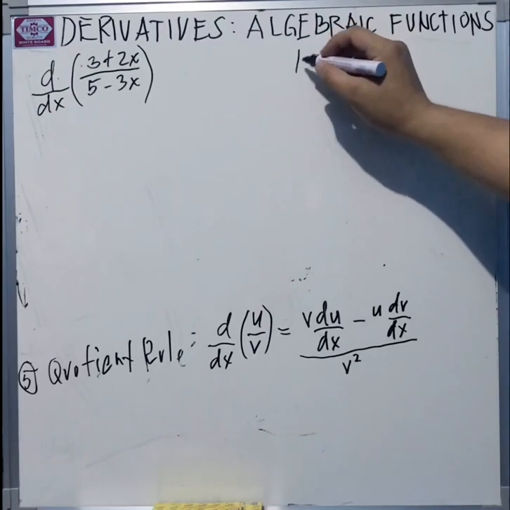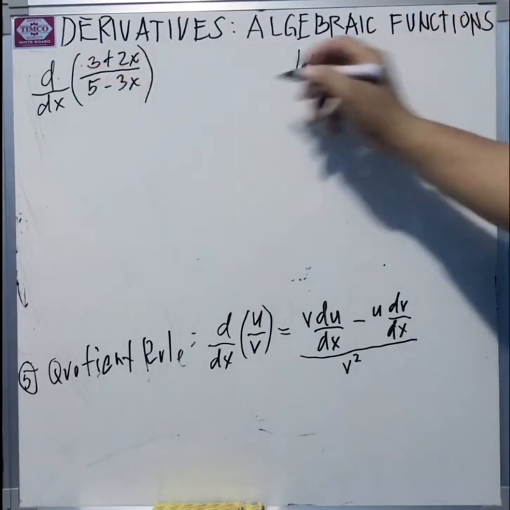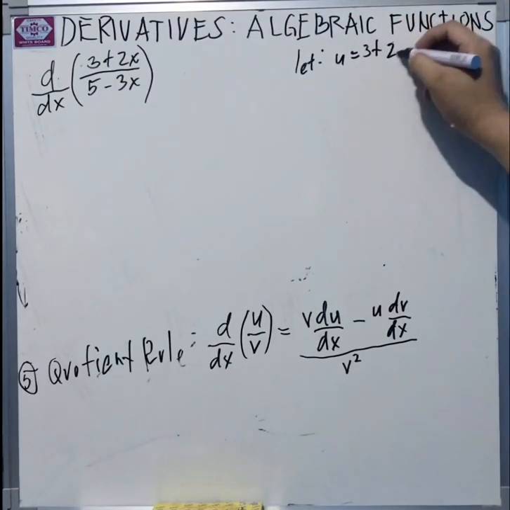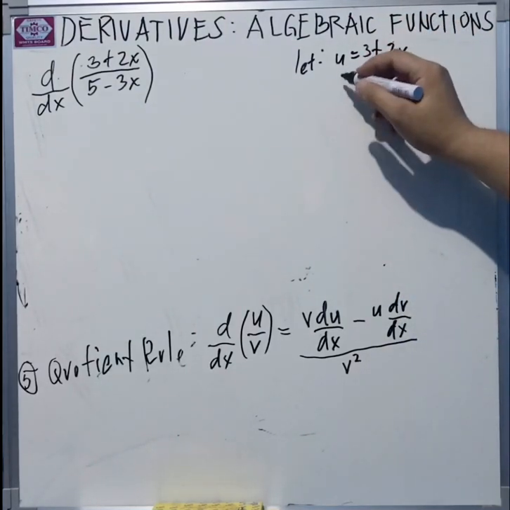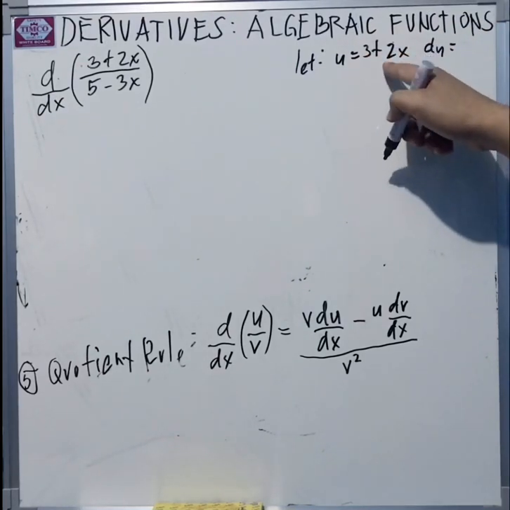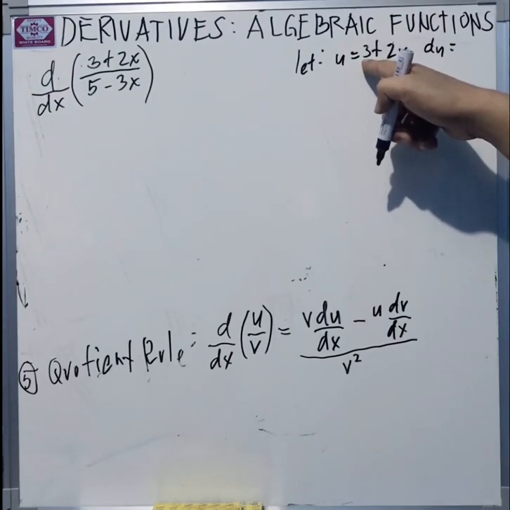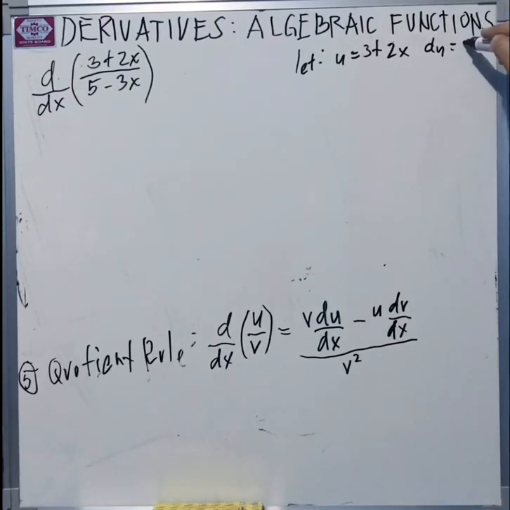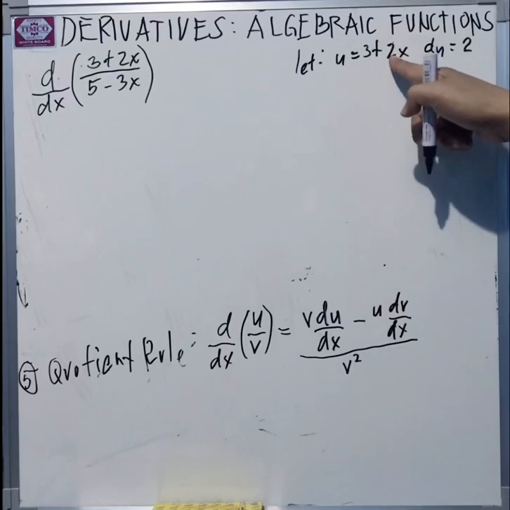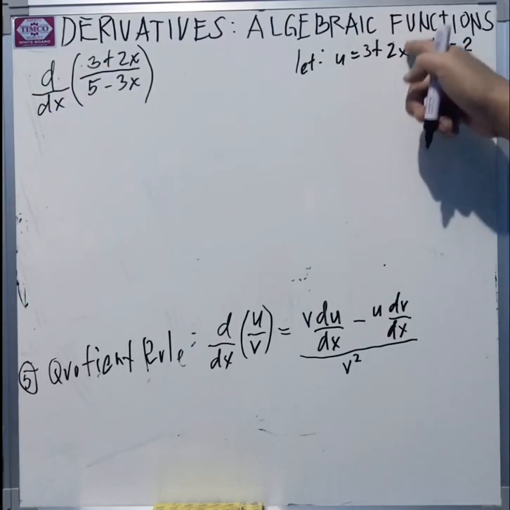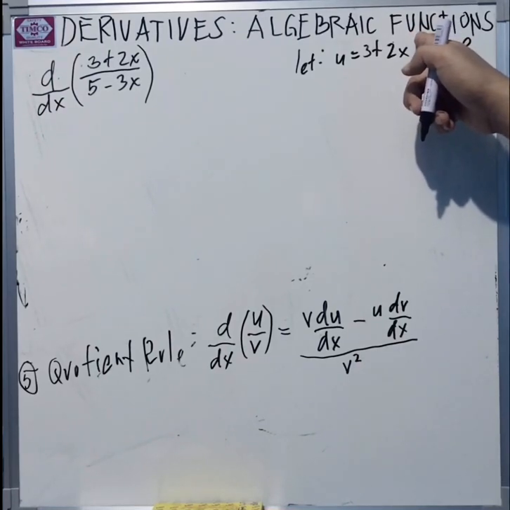So let u be 3 plus 2x. And then, what is the derivative of that? The derivative of a constant is 0, plus the derivative of 2x, using the constant multiple rule: 2, the constant, times the power, which is 1, times x to the 1 minus 1, which is x to the 0, equal to 1.